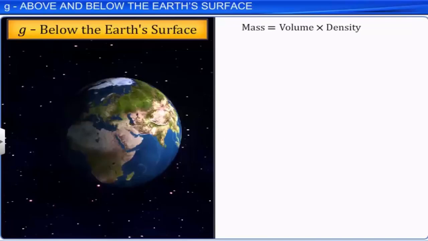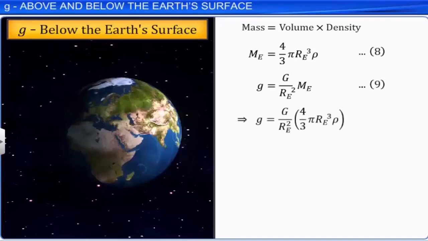Me equals 4 by 3 pi Re cube into ρ. Hence, equation 9, which indicates acceleration due to gravity on the surface of the Earth, can be modified to equation 10. g is equal to 4 by 3 G pi Re into ρ.